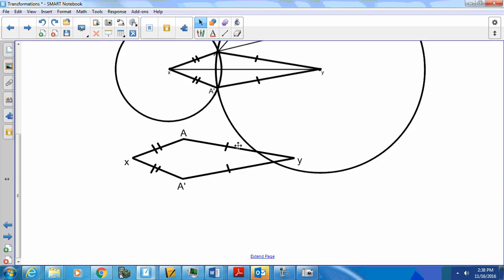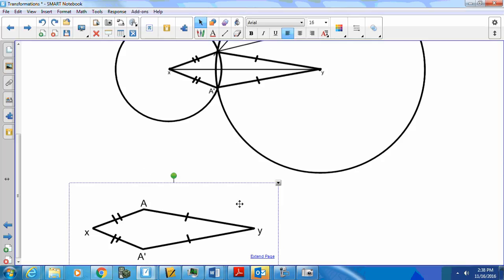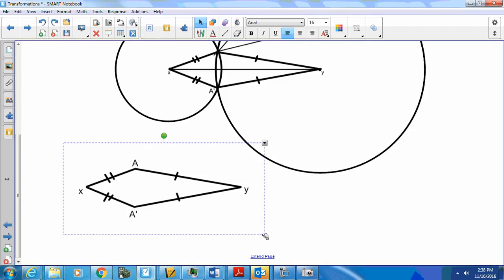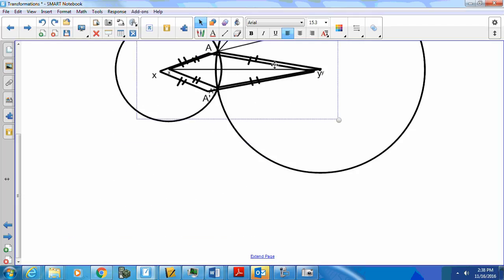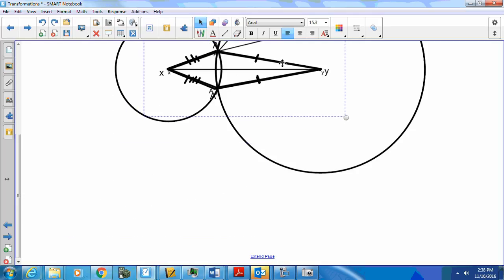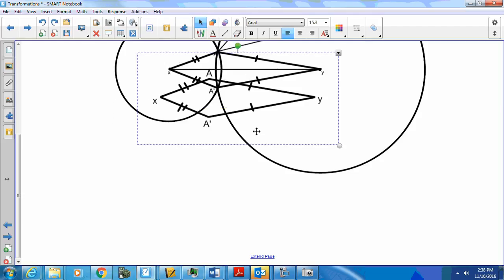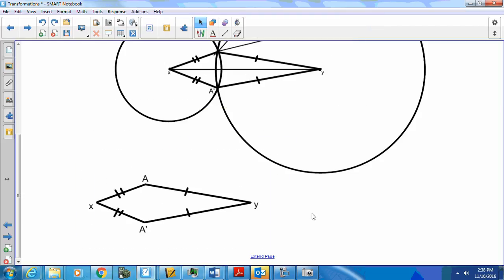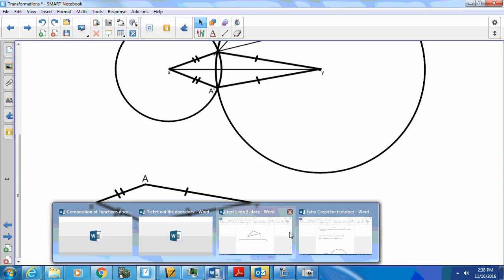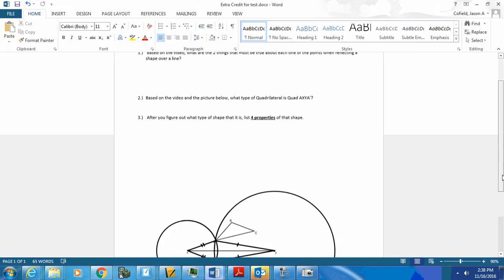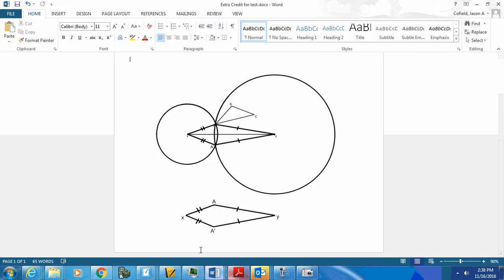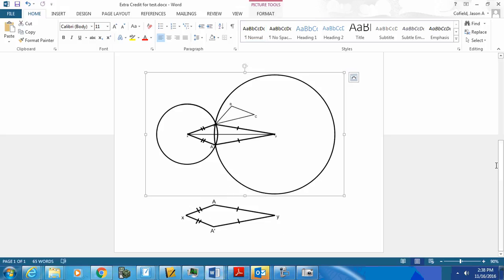And I had to resize this a little bit, so it's probably a little off right now. All right. Okay, so I took that shape, took it here, so you can look at it by itself. So now, hopefully you're able to download the extra credit worksheet. And so I actually have the same picture here, right? I have the same picture here. Can't really move this one as well.